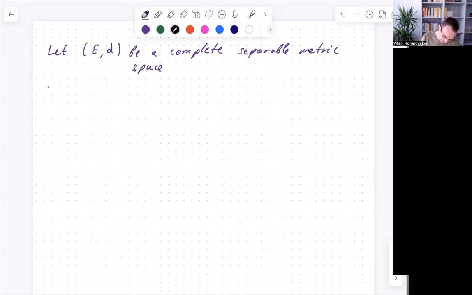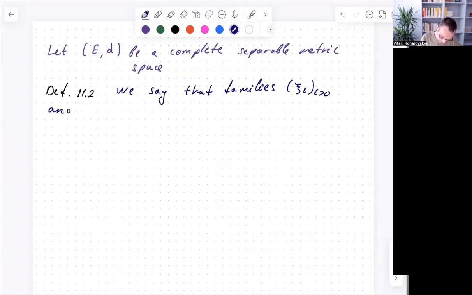And then we say that two families psi epsilon and eta epsilon are exponentially equivalent.